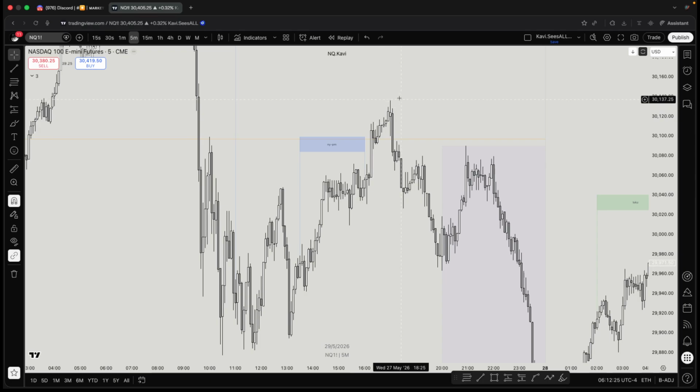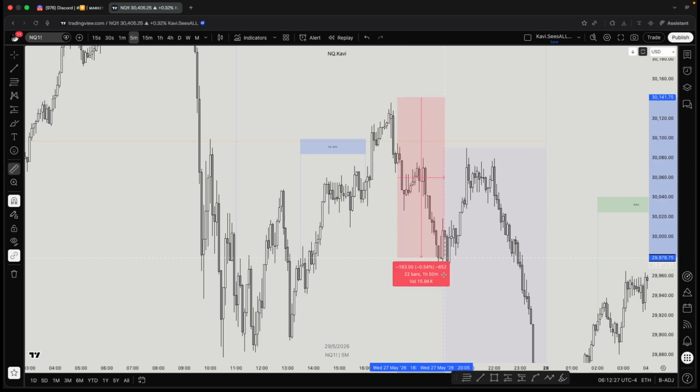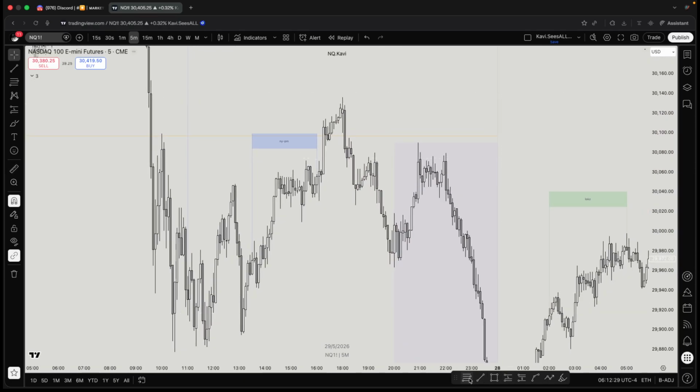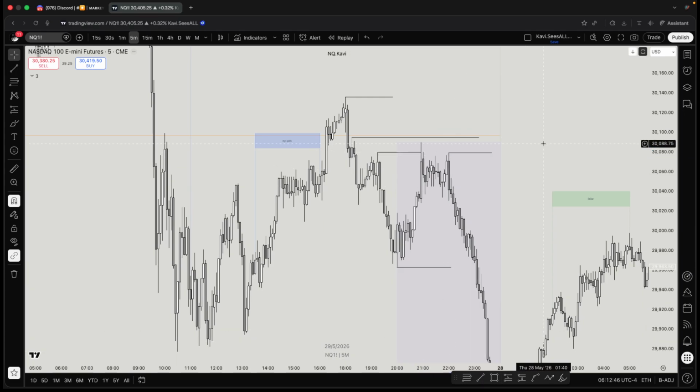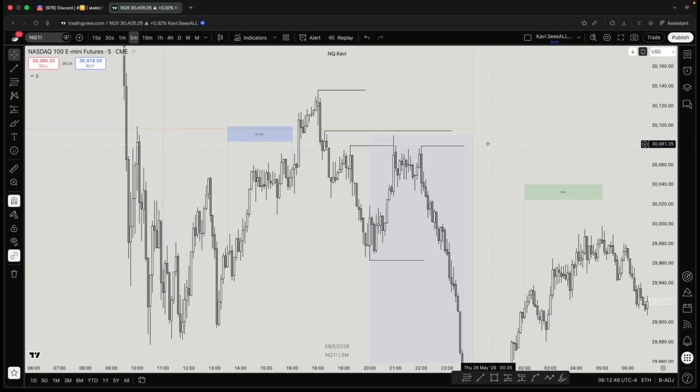So we have this pretty big downtrend right here, of course. We have our higher high, lower high, lower high again, lowest low, lower high, yeah.